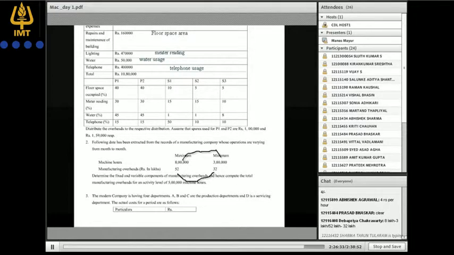You see here it is 5 lakh machine hours, and here the change is 20 lakh in rupees. So for 5 lakh machine hours, the total variable cost is 20 lakh. For 1 machine hour, it will be 4 rupees.